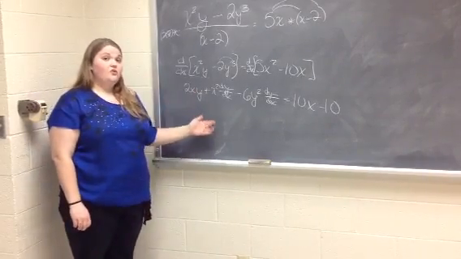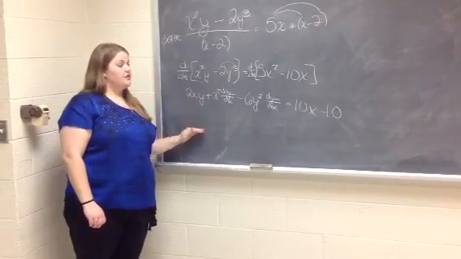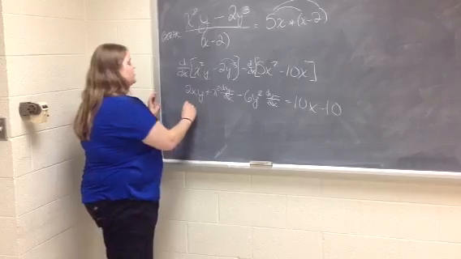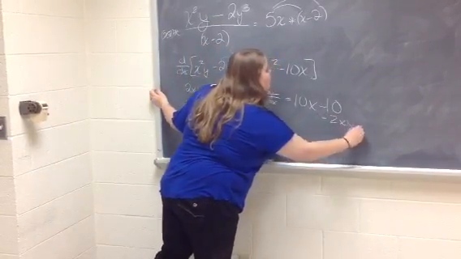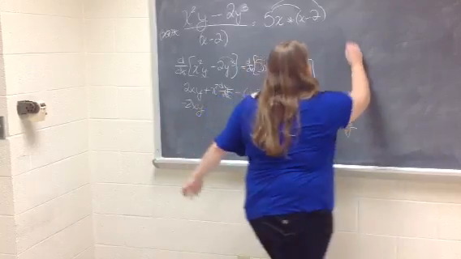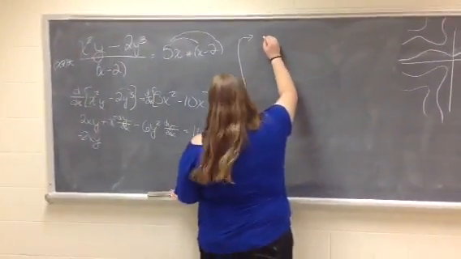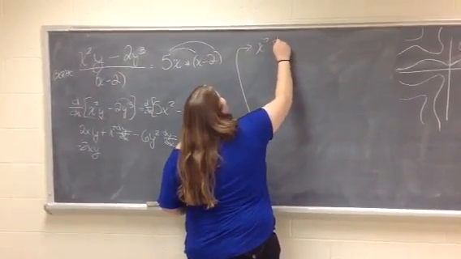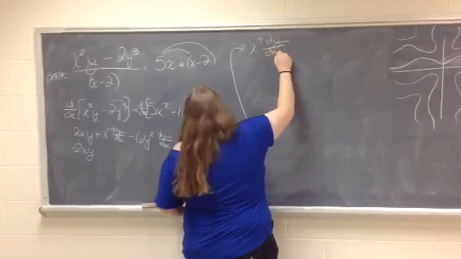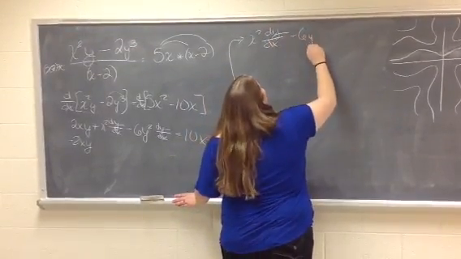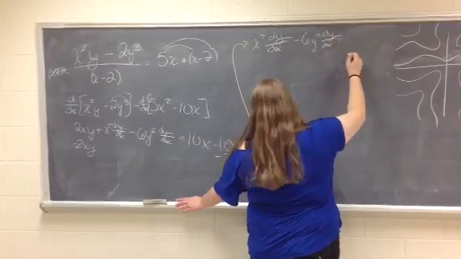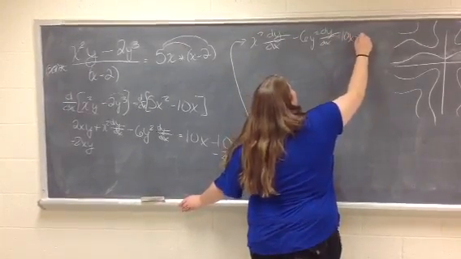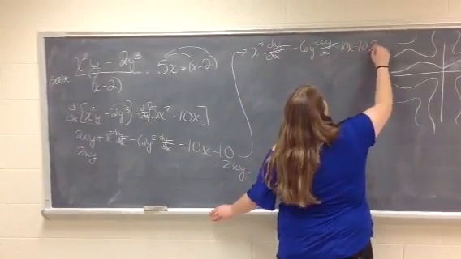Now, as you recall, we want to get all non-dy/dx terms to the other side, so we'll want to subtract 2xy from both sides. That means we have x squared dy/dx minus 6y squared dy/dx is equal to 10x minus 10 minus 2xy.